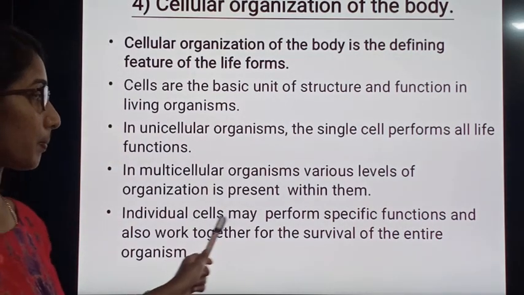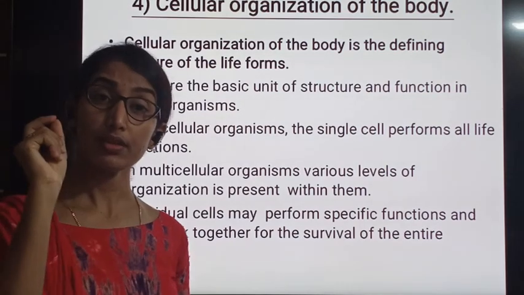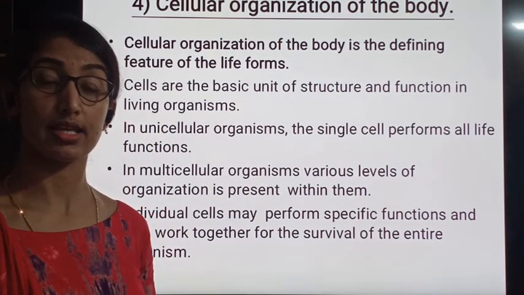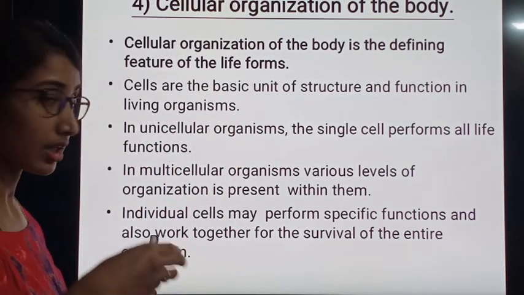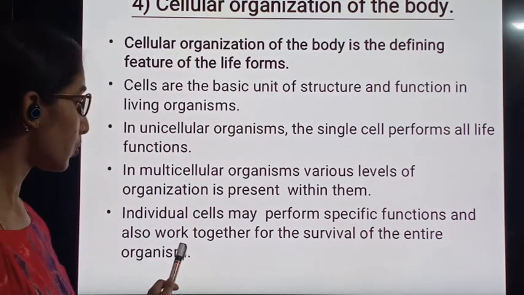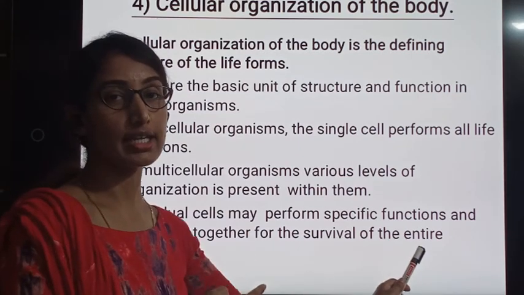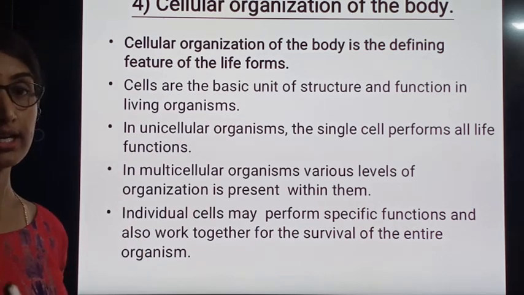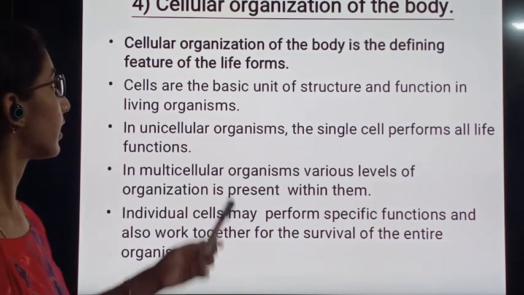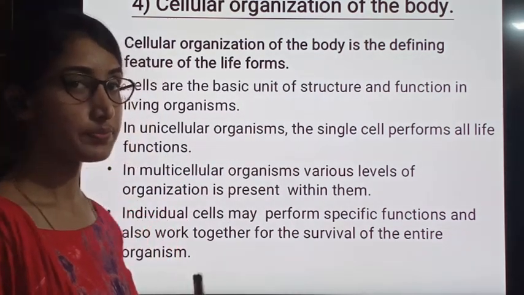A single cell may perform only particular functions, and it may be included in a group and work together for the survival of the entire living organism's body. This is how we describe cellular organization of the body.